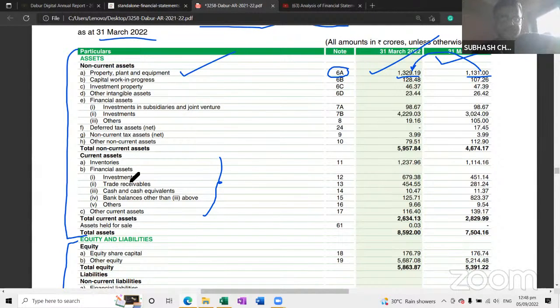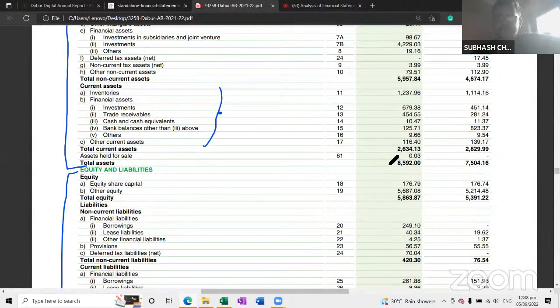Now just check the debtors, trade receivables. Last year it is 281, this year 54. Bank balance, last year it is 823, now this year. Similarly, the total is 8592 and last year it was 7504.